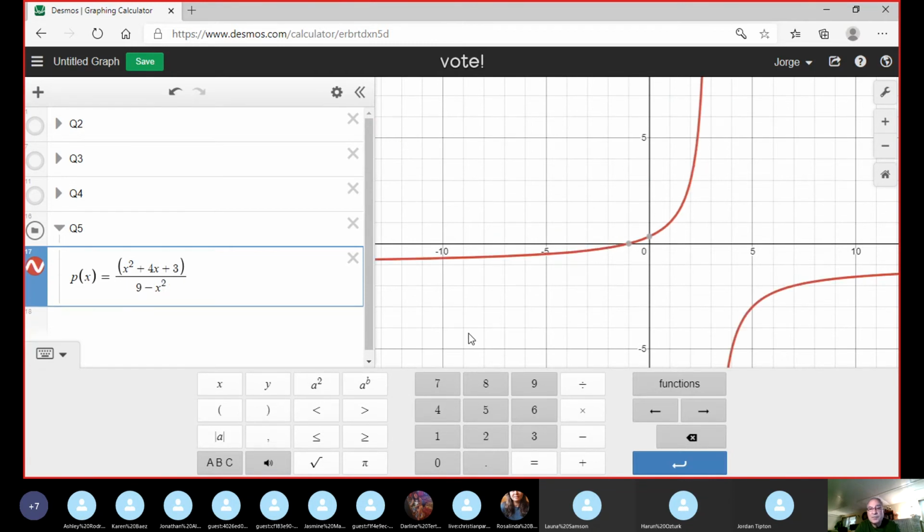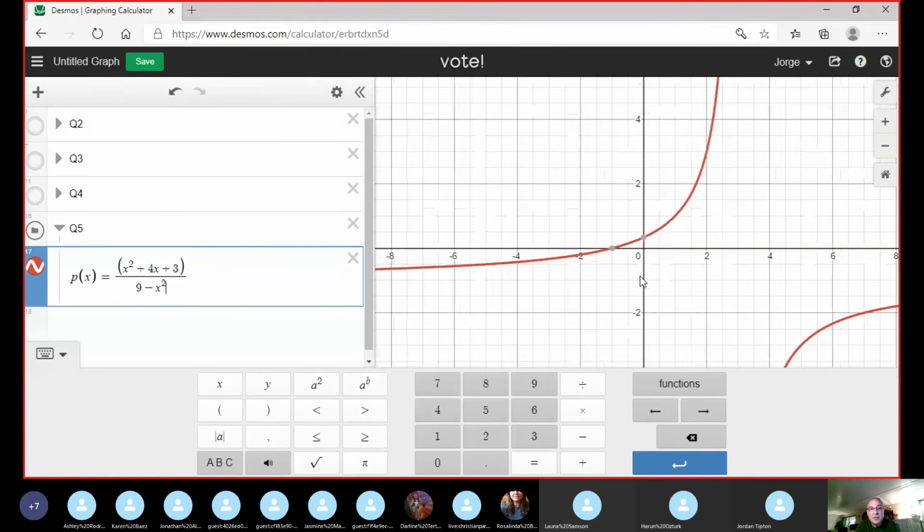Boom, perfect. Look at that, the famous point we found was, this is the y, and it says 0.1/3.